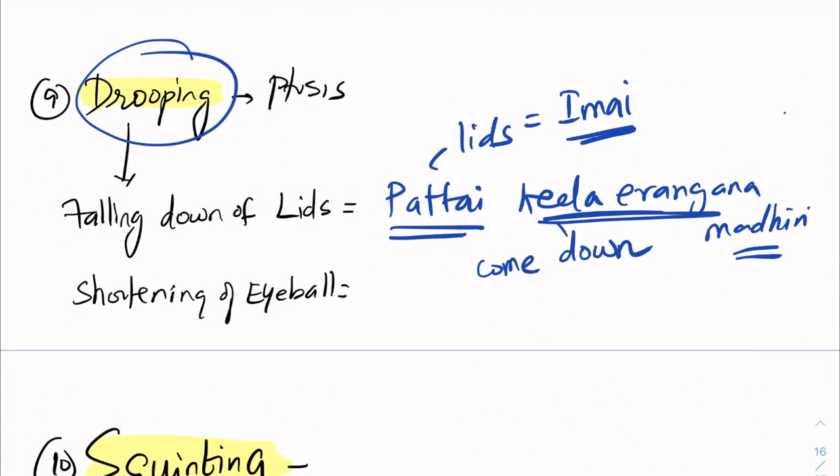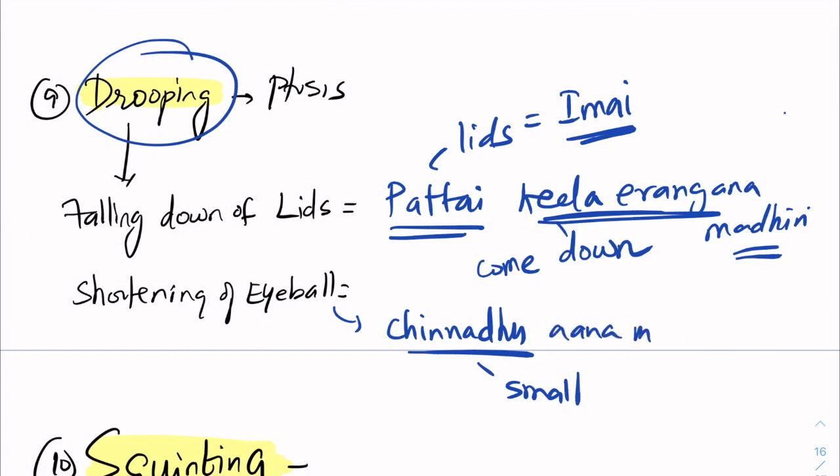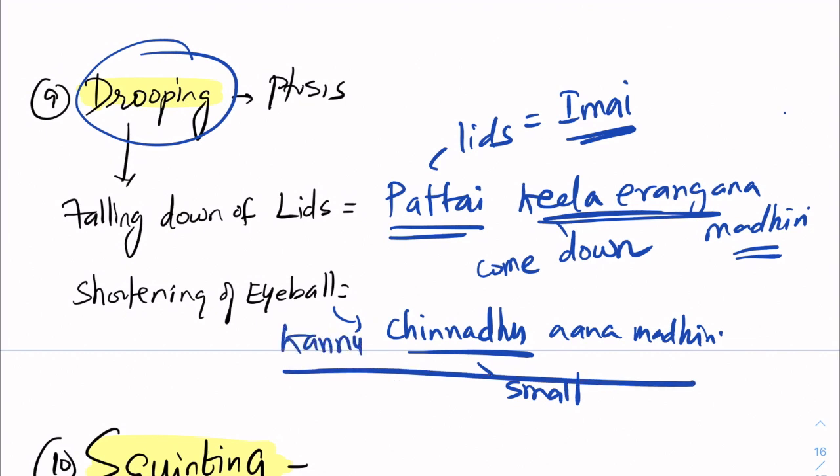So a patient will tell us kannu chinnadu aana madiri. Shortening means small, like a shrunken eyeball. So chinnadu means small. Chinnadu aana madiri. What chinnadu aana madiri? Eyeball. So kannu chinnadu aana madiri irukku. Okay. Another very important history to ask.